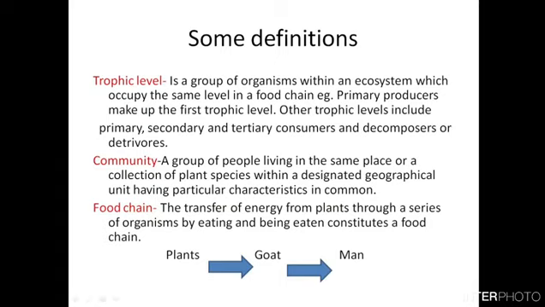Some of the energy from the plant will be expended through respiration. Some of the plants will die, and that also is some energy lost. So all the energy which has been captured by the plants from the sun will not go to the herbivores. A part of the energy will go to the goat, and then same thing here also. A lot of energy is wasted from the goat through respiration, through death.